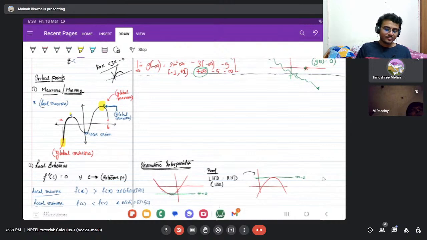So we can see that there is a global maxima and a global minima, right? In this graph, f of A is the global minima, right? Yes, sir. And say this point we call C. f of C is your global maxima.